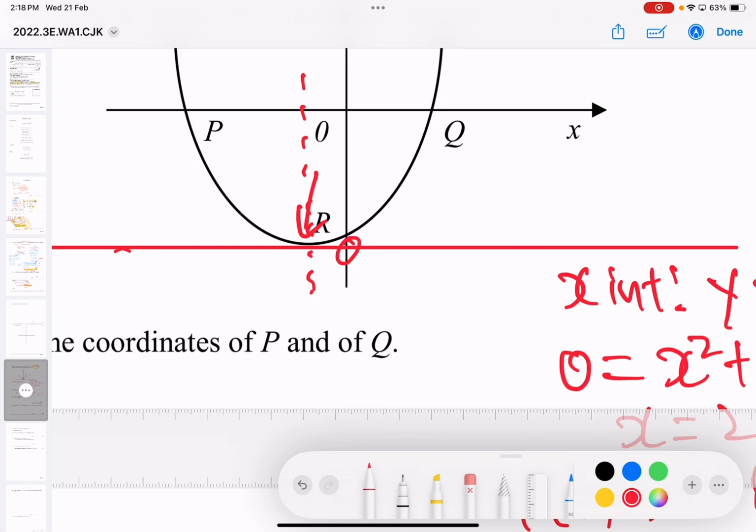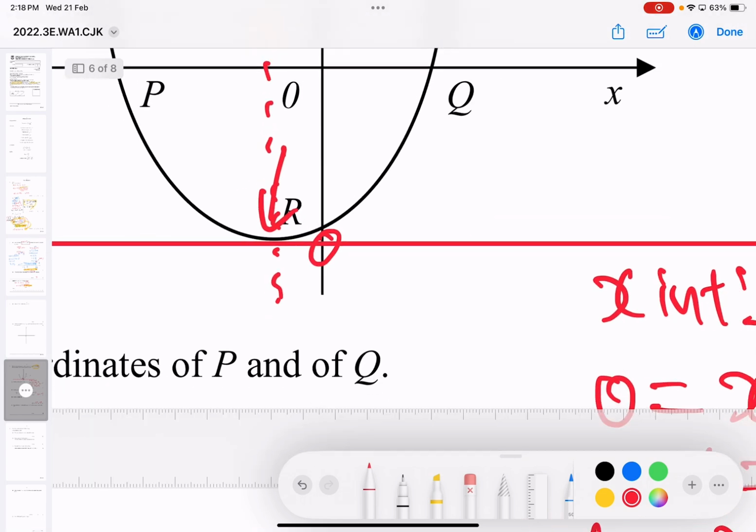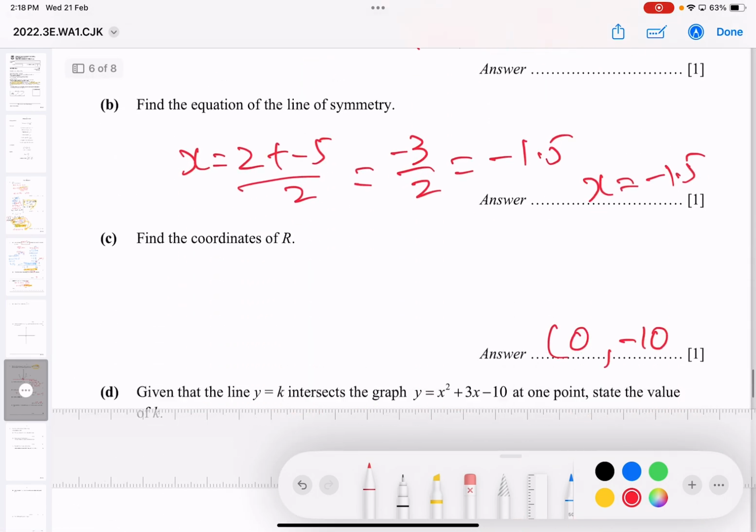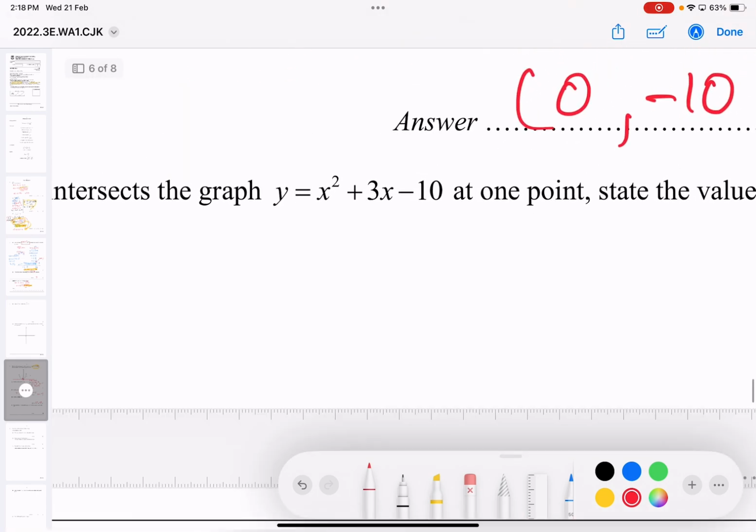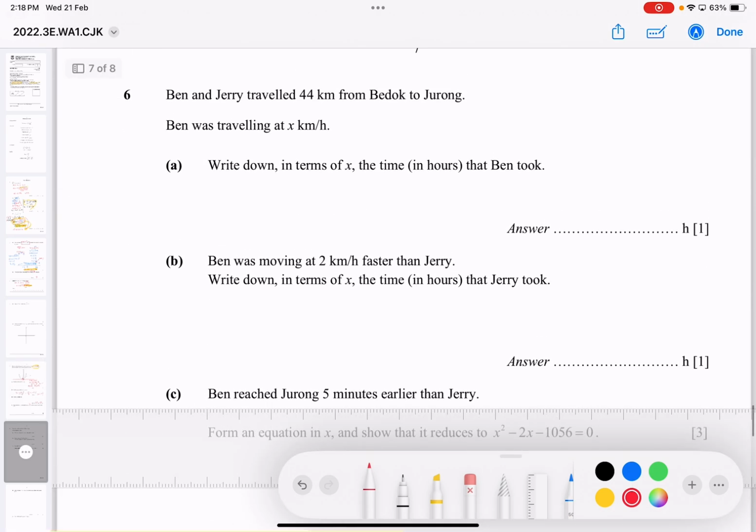The turning point is basically a point; I mark it with an X. The line of symmetry is the line that cuts through the turning point. So you just need to sub the line of symmetry into the equation, and you will find the corresponding value of y. Okay, I don't have time, I need to move on already.